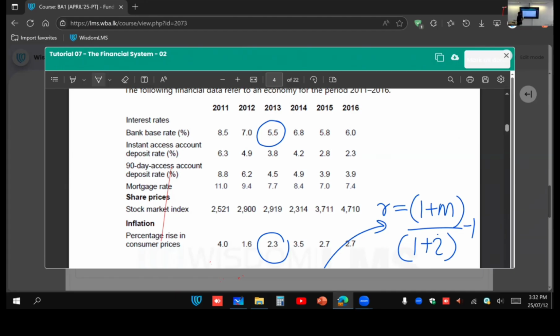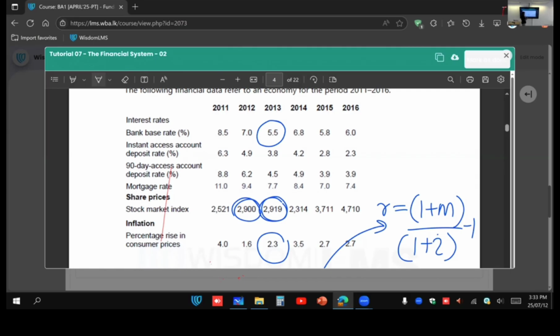When you take 2012 and 13, these are the share market indexes, right? From 2900 to 2919, it has increased. So, initially calculate the percentage change. How can you take percentage change? Final minus initial divided by initial. 2919 minus 2900 divided by 2900.